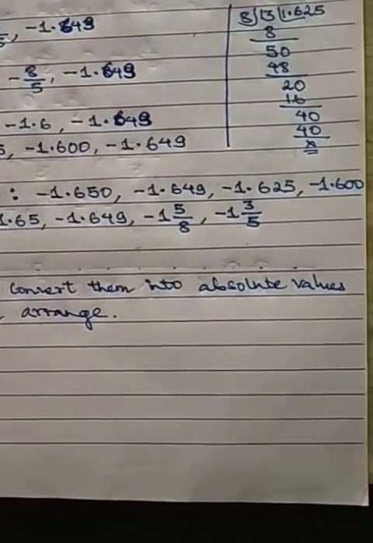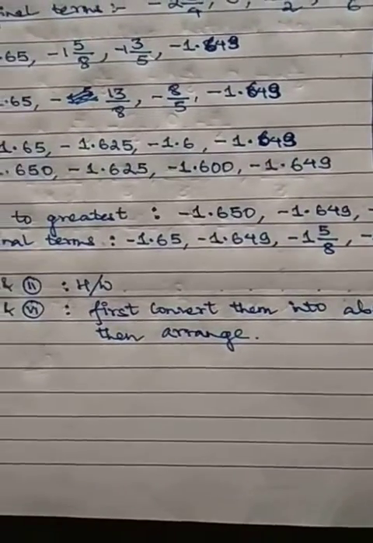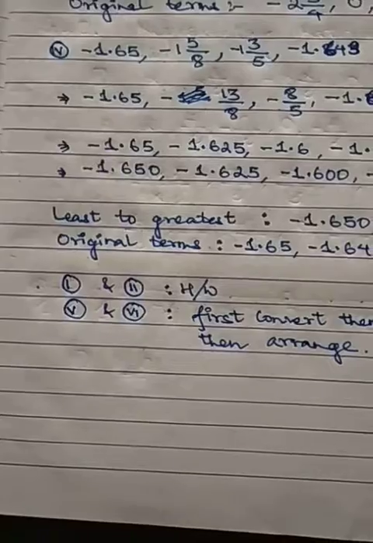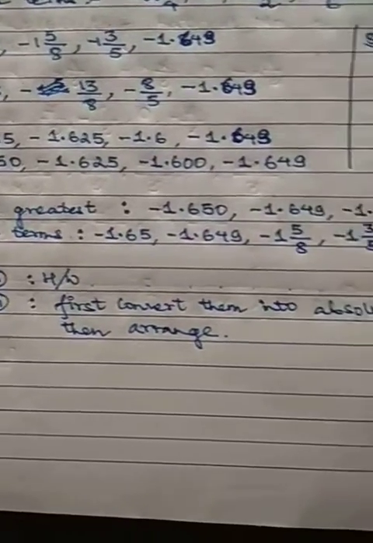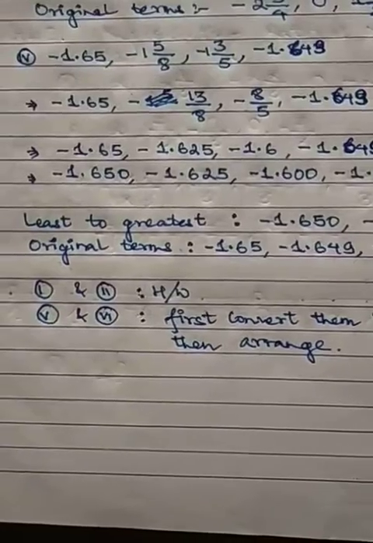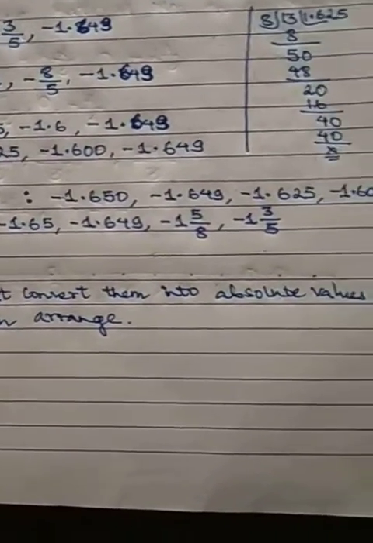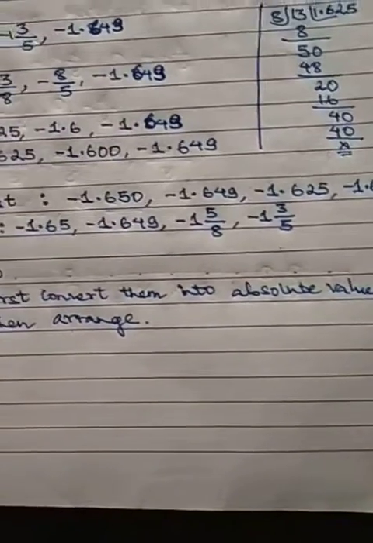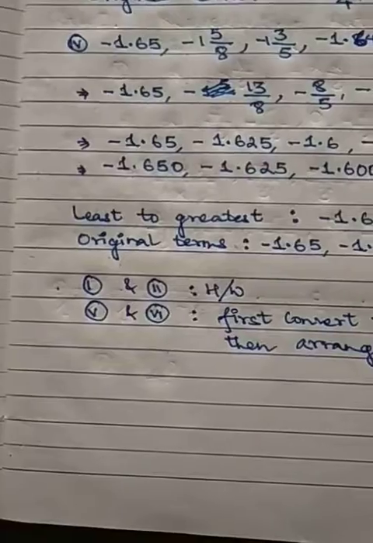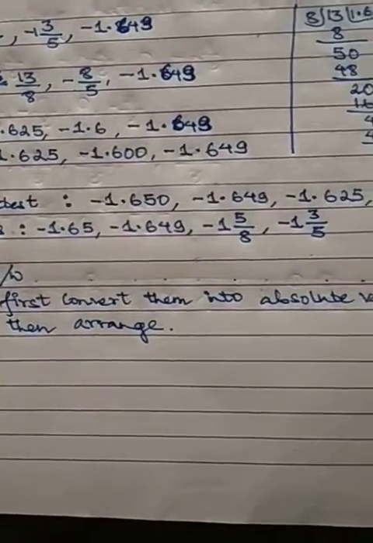If they are given in fractional form, convert the fractions to like fractions and then arrange the fractions from least to greatest. Or if they are given in fraction and decimal form, you can simply divide the terms, convert all the terms to decimal terms, and then arrange the terms from least to greatest. But remember to write your answer in the original terms at the end of your answer.